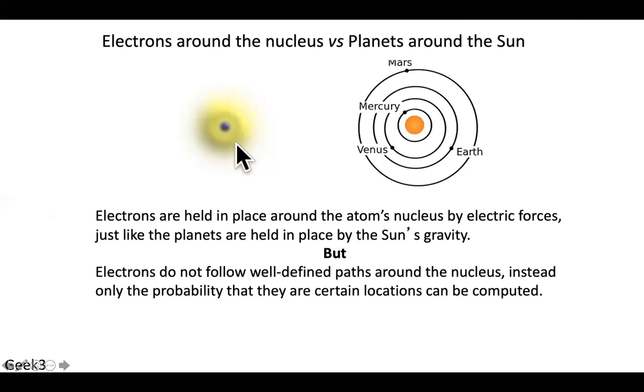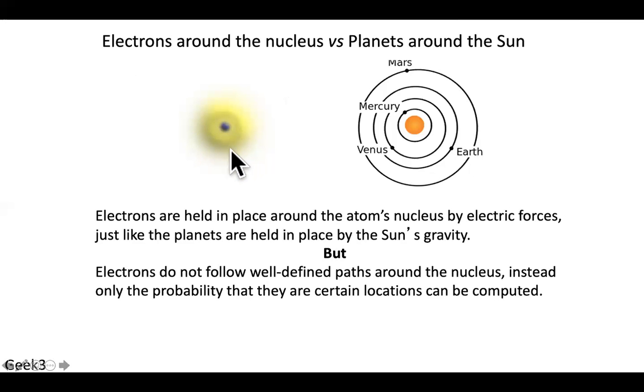Instead, they are in what's often called an orbital, which means that there's a probability distribution that tells you the likelihood of finding an electron at any given location around the nucleus. And there are various ways to represent this.